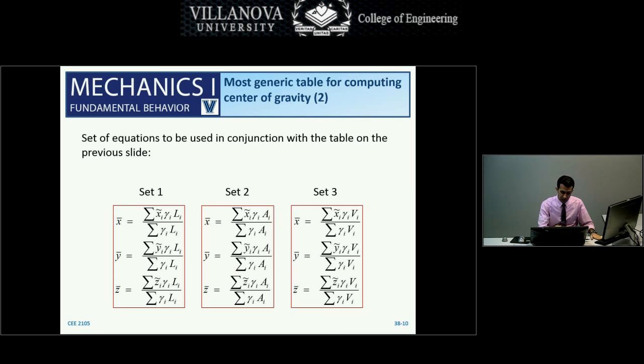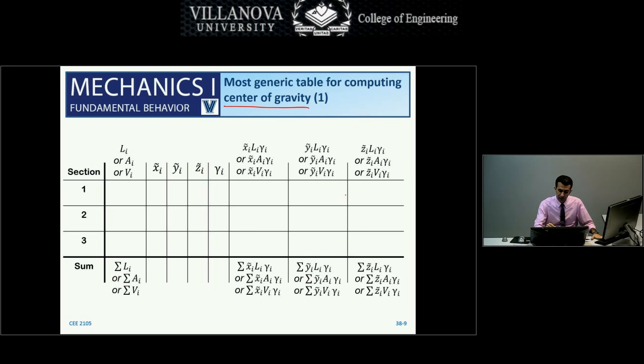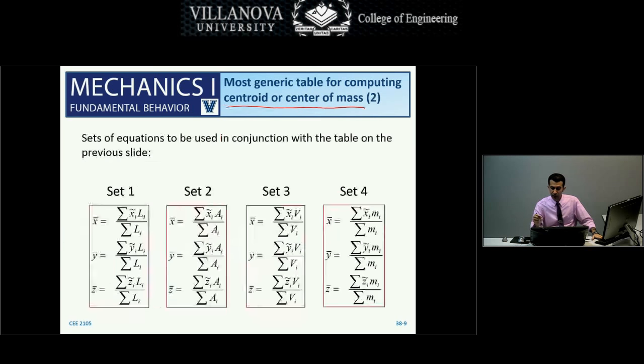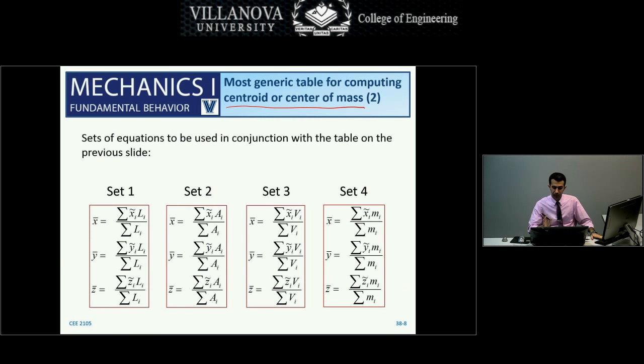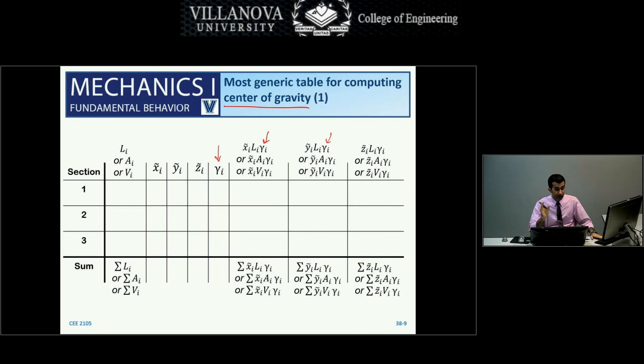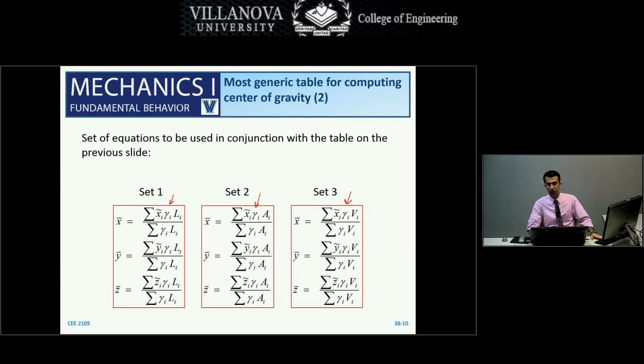As you can see, there is gamma in all of these equations, and in the table as well you have one column for gamma, but then it's going to be multiplied in everything else. In the previous table you did not have gamma. So this is one table, it goes with this set of equations. This is the next table for center of gravity, it goes with this set of equations. That's basically the gist of the story for this session.